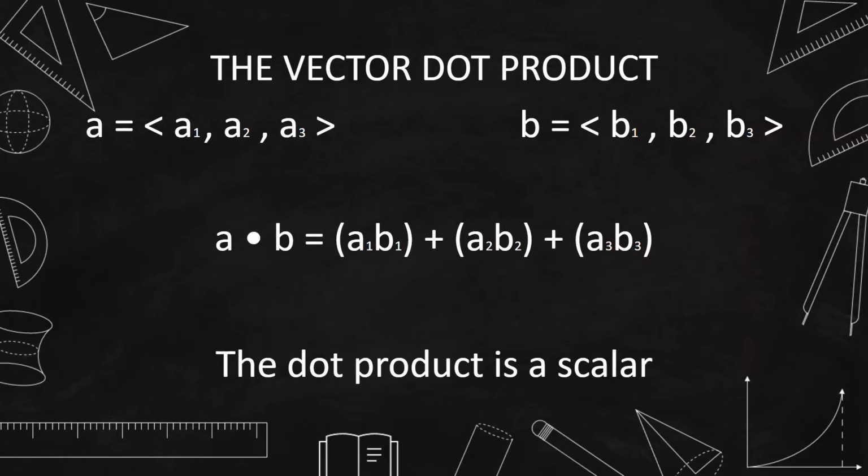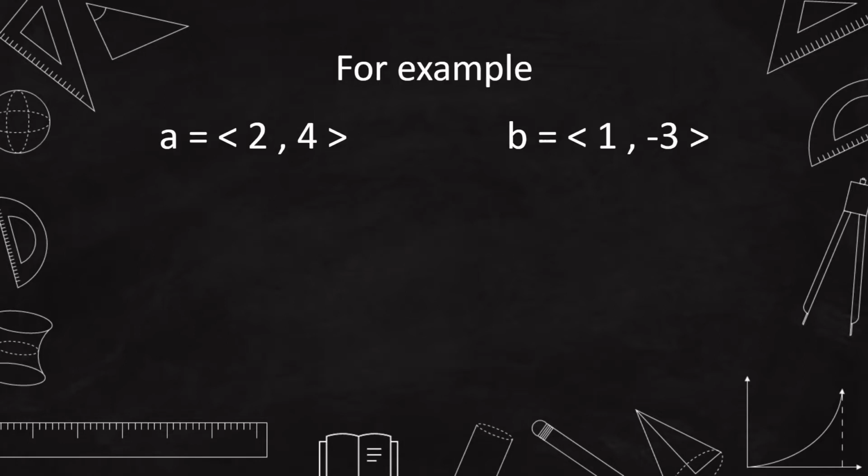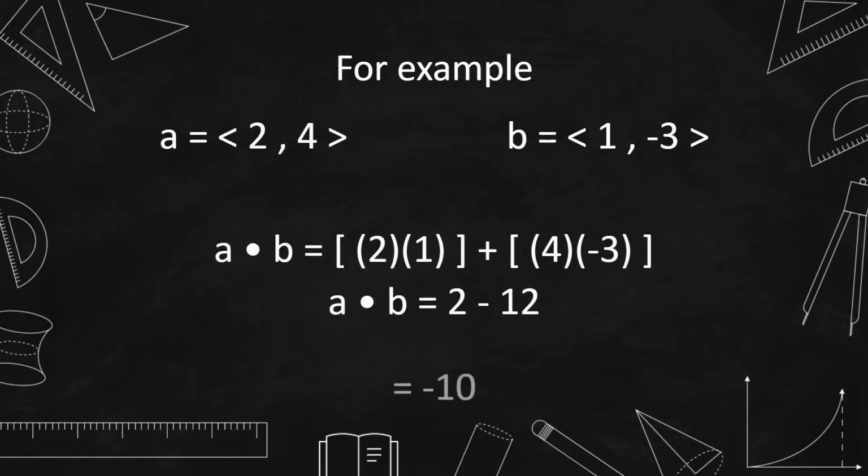The dot product doesn't give us another vector. It takes two vectors as an input and gives us one number as an output. For example, if a is (2, 4) and b is (1, -3), then a dot b is equal to 2 times 1 plus 4 times negative 3, or 2 minus 12, which gives us negative 10.